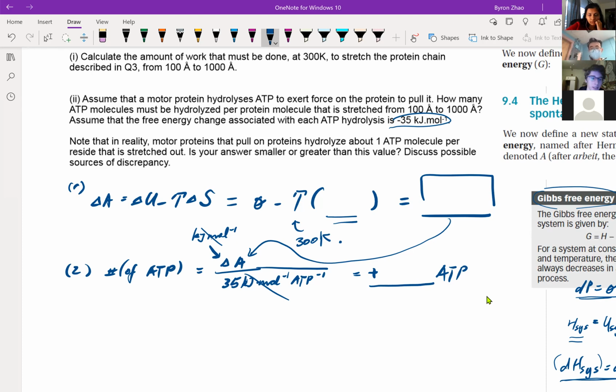That's why you might need to use more ATP. You'll have to use more energy in order to stretch the protein. We're only considering in this question, as you can see, no change in delta U, right? It's because of that we need less ATP. If this term is not 0, then we would need to use more ATP. Okay, so this is question 4.